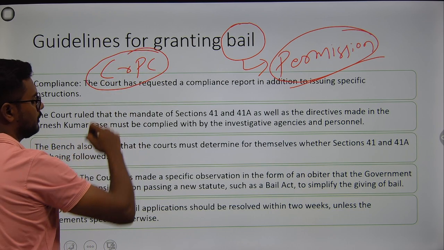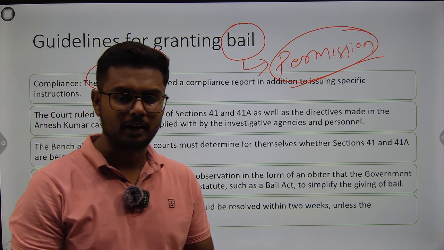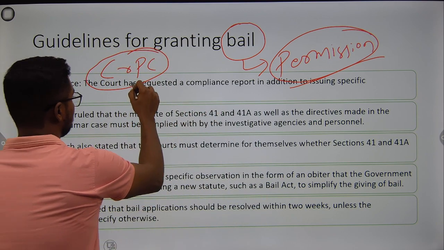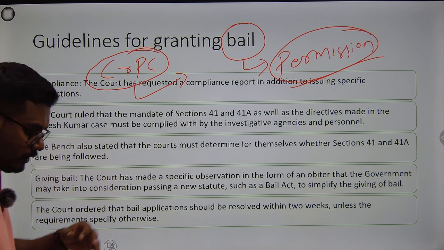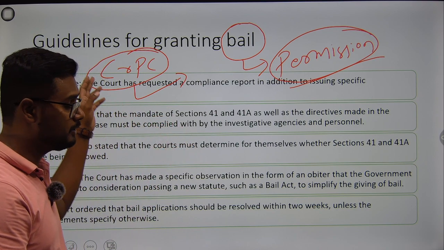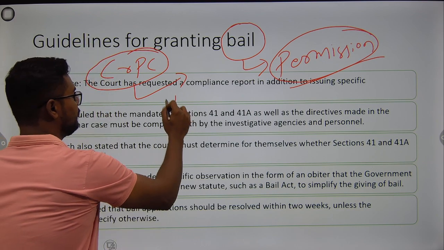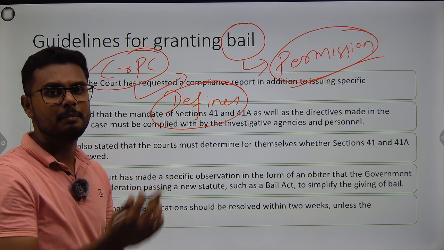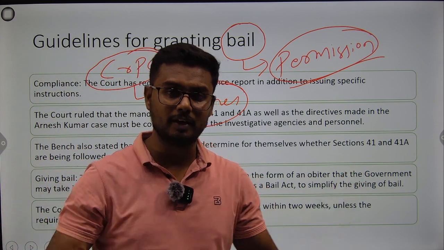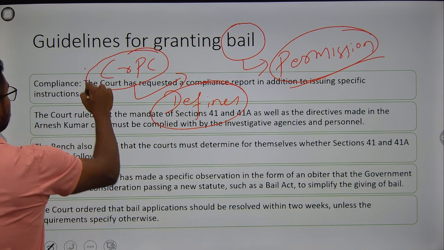The provision or the reference to bail in India has been made under the CRPC, that is Criminal Procedure Code. Even though the reference has been made under CRPC, the CRPC nowhere defines the meaning of bail, which means what a bail is has not been defined anywhere, including CRPC.